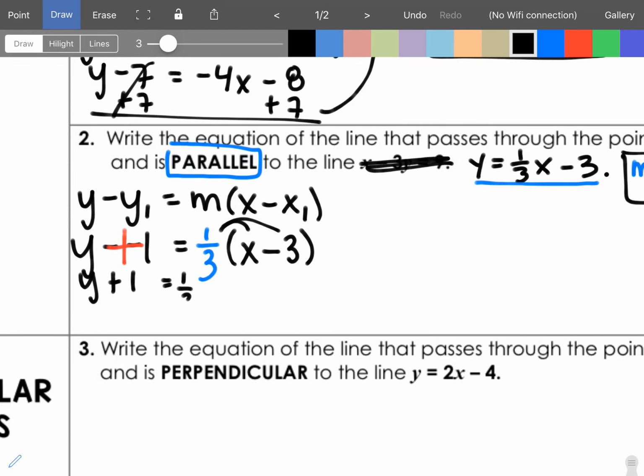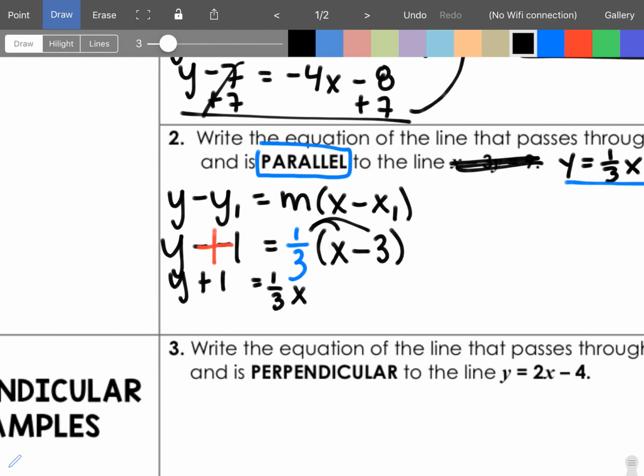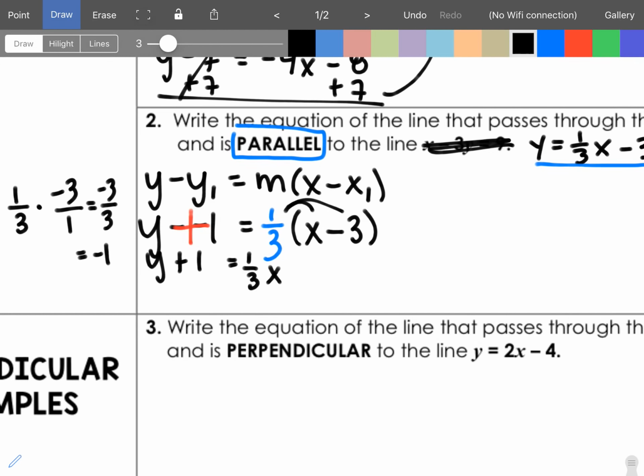equals 1/3 x. And then what's 1/3 times -3? Remember we put it over 1, multiply across, so -3 over 3, which is -1. So 1/3 times -3 is -1. And then we have to collect like terms, so subtract 1 from both sides.